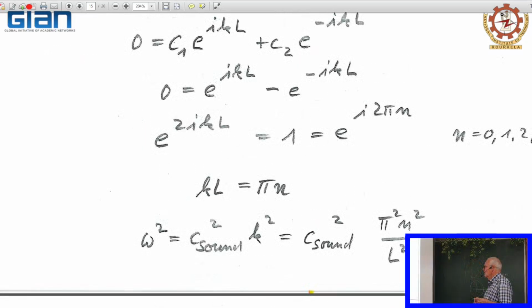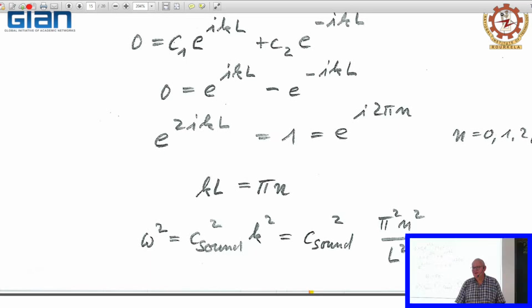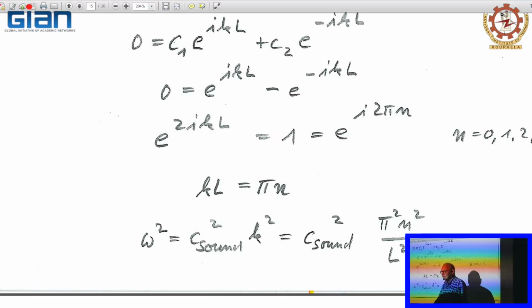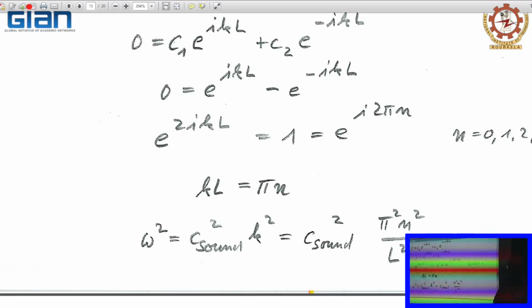So this means we have now found an expression for the wave number k. k can only take on discrete values given by pi times n over L. So our boundary conditions restrict the possible values of k.